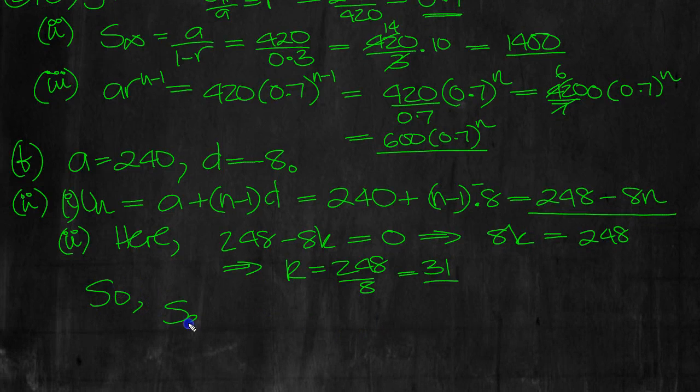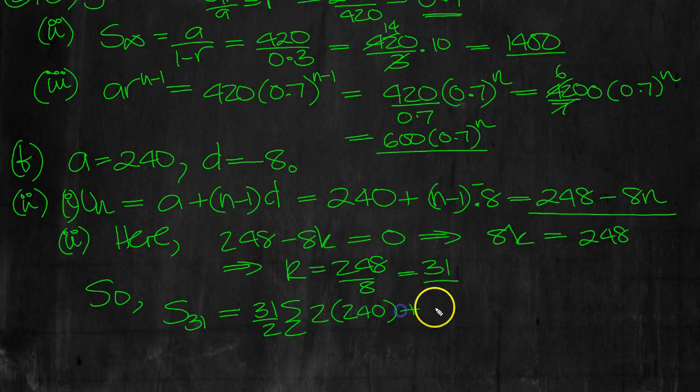S31 is equal to n over 2, 2a plus n minus 1, which is 30, times d, minus 8. So we've got 31 over 2. 2 lots of 240, take away 1 lot of 240 is just 240.